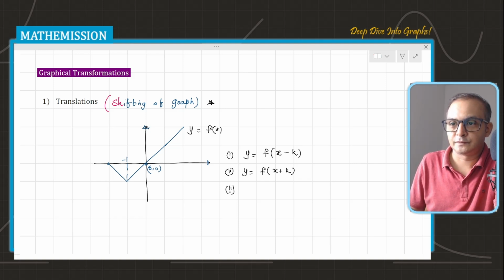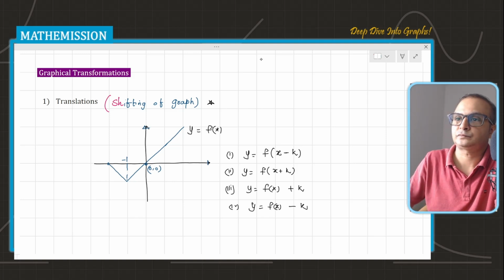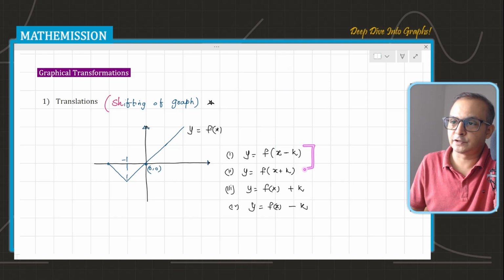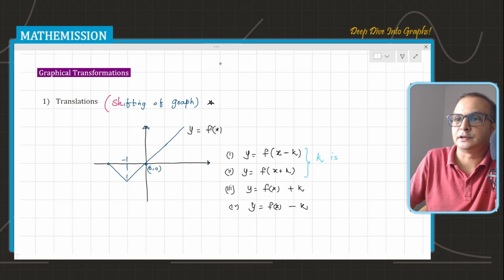The third kind is y is equal to f(x) plus k, and the fourth kind is y is equal to f(x) minus k. You see that in the first two kinds of transformations, I'm adding k to the x.